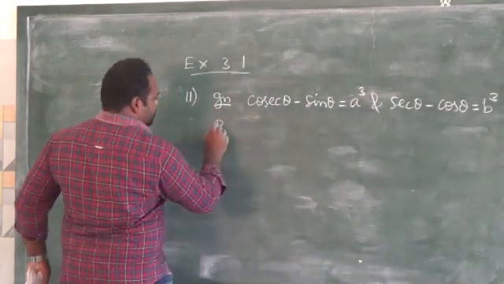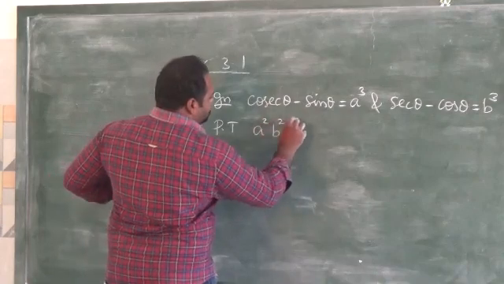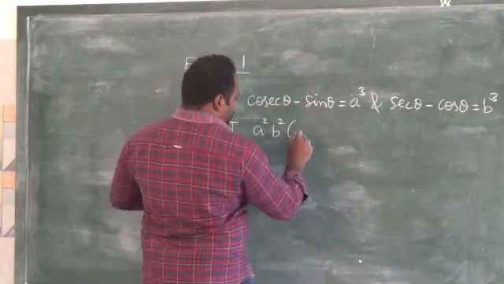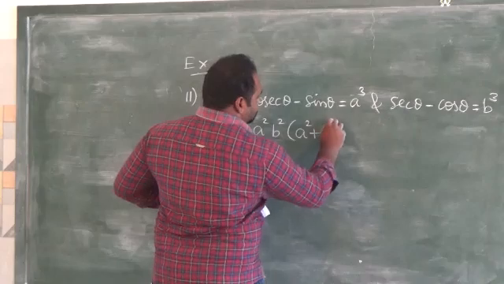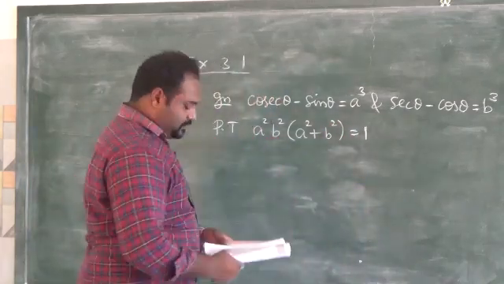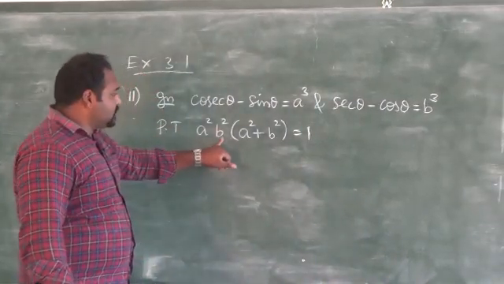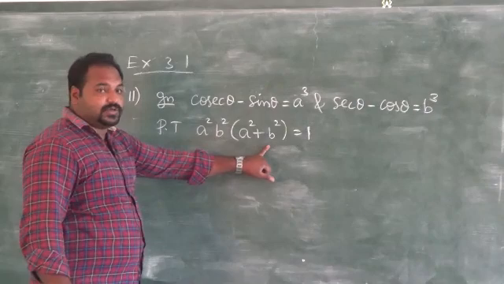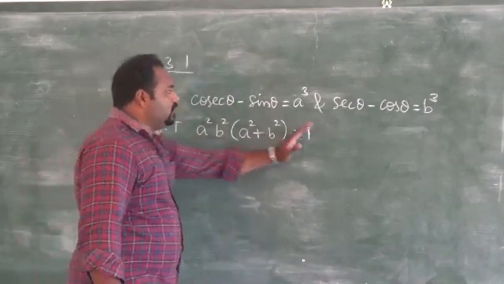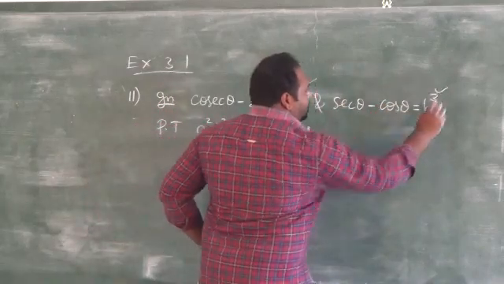Prove that a square b square into a square plus b square equal to 1. So look at this proof: a square b square into a square plus b square equal to 1. This is what we have to prove, but the conditions are given in the a cube value and b cube value.